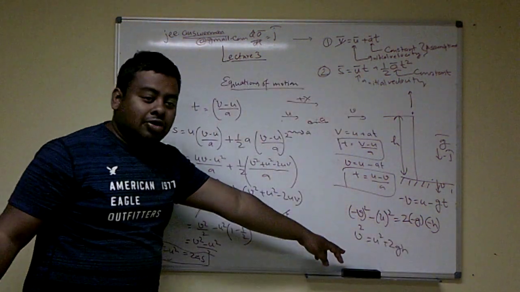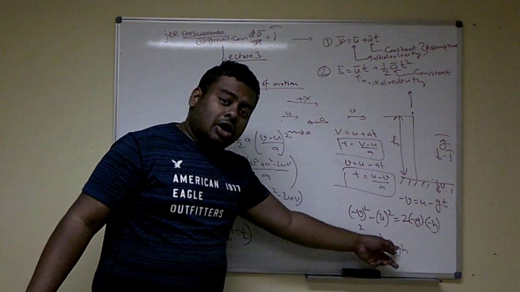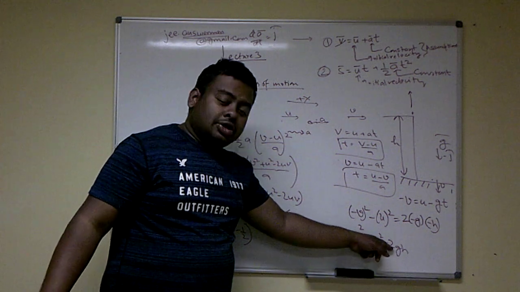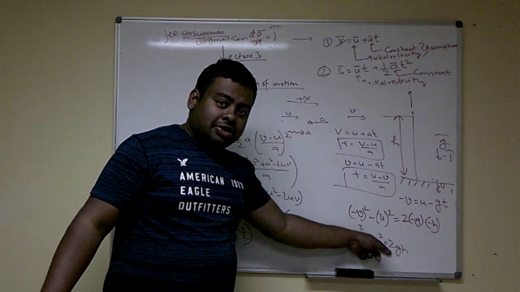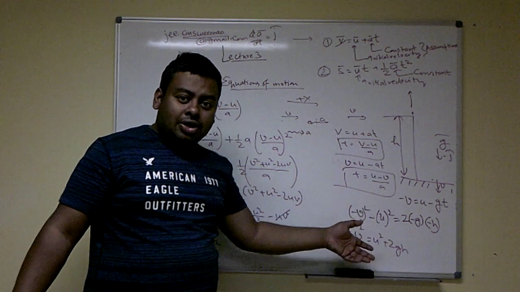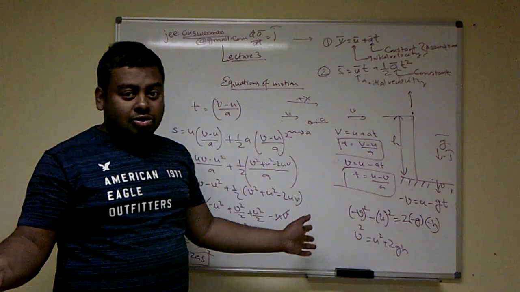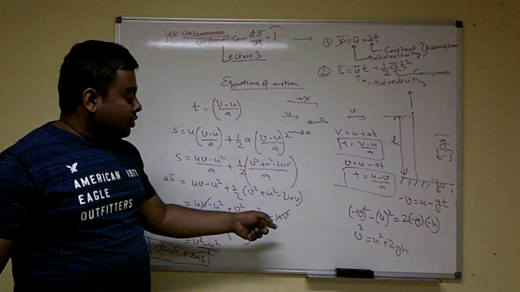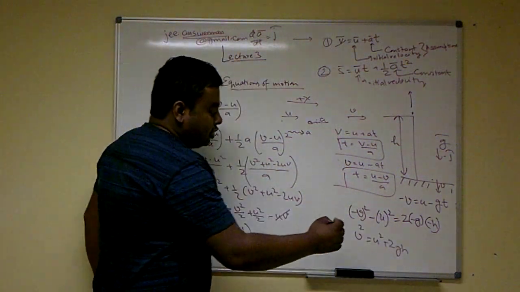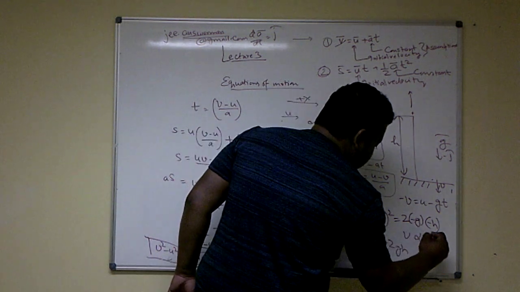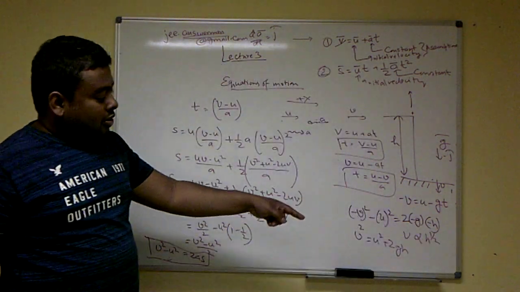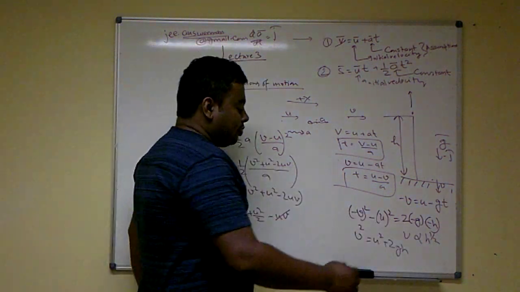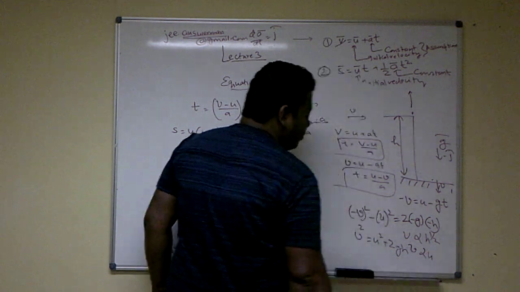So if you know the initial velocity, the value of the gravitational acceleration is known to be 9.8 meters per second squared. People sometimes take it to be 10. So this is a constant number, and based on the height, the velocity is proportional to your height to the power half, and velocity is proportional to your initial velocity.